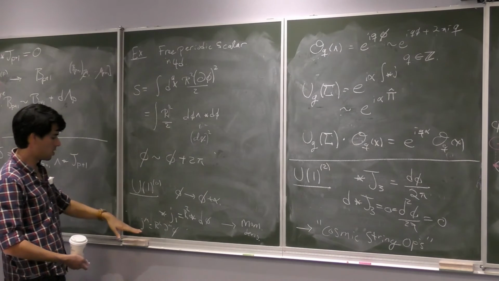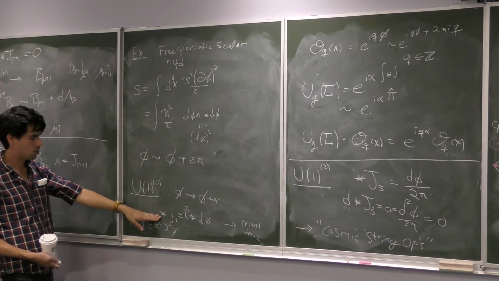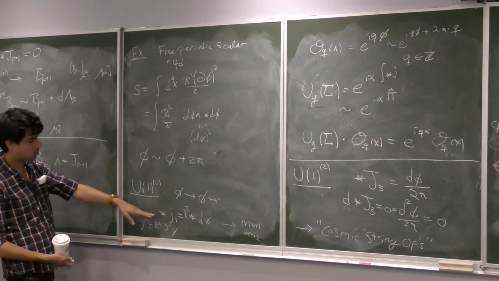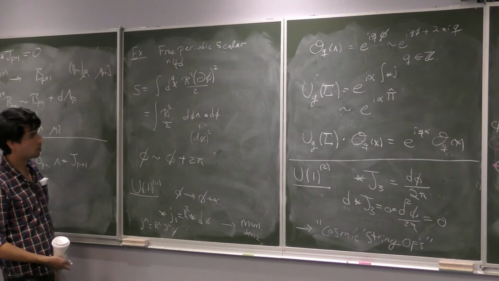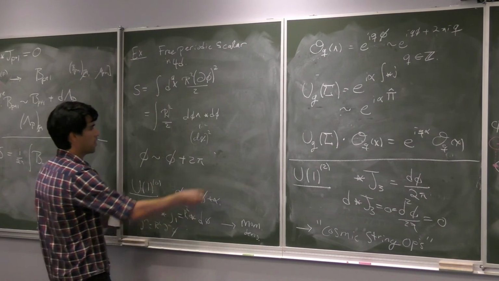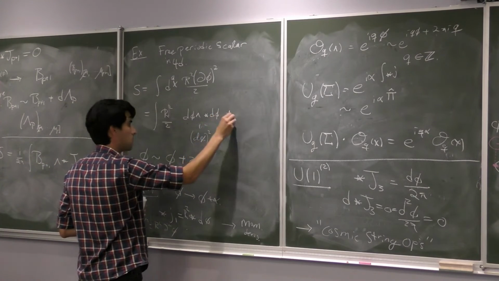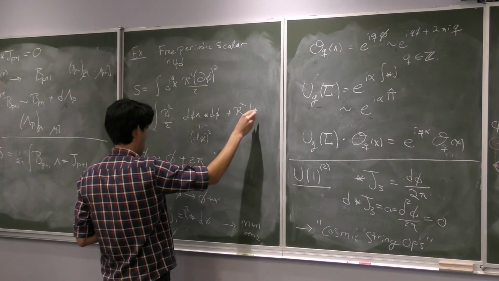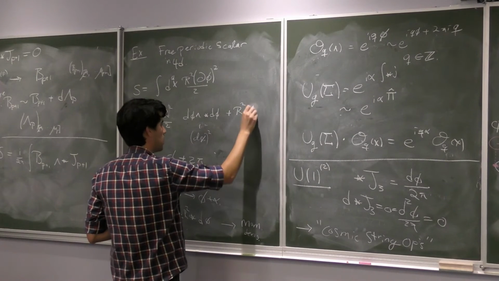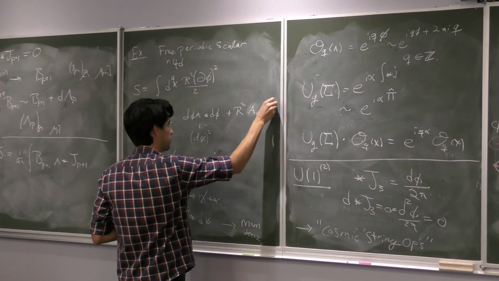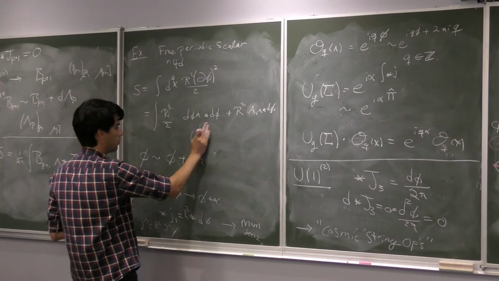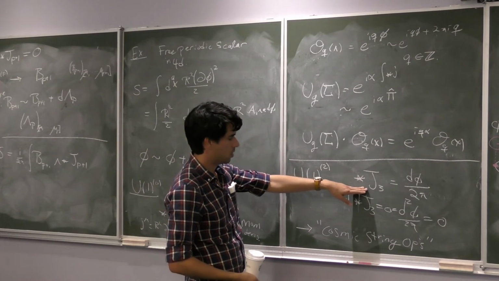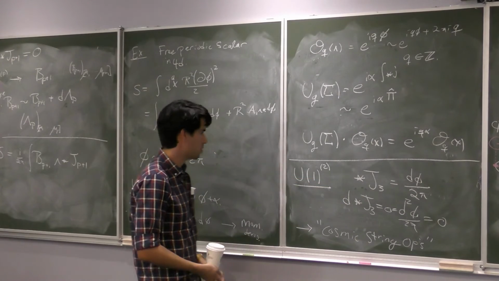So here we had a one-form symmetry, or zero-form symmetry, sorry. And so what we can do is turn on a current for it. So here, J1 is R squared star d phi. So what we can add is plus R squared A1 wedge star d phi. Oh, sorry, there's a star there. So it'll be A1 wedge star d phi. And here we have a three-form current, so we can couple it to a three-form gauge field.